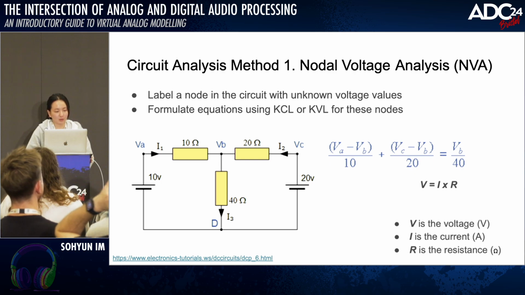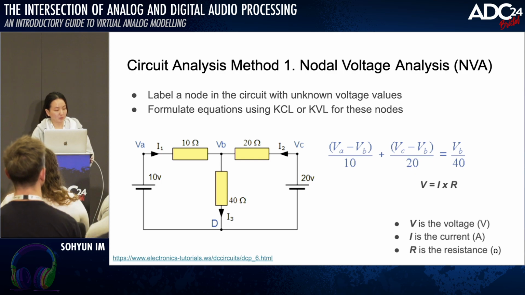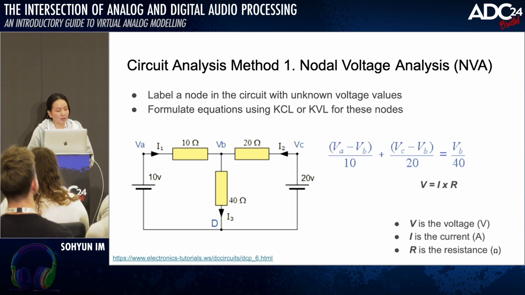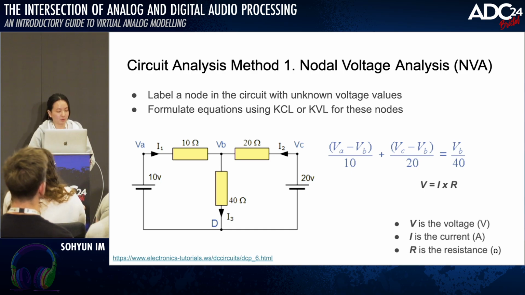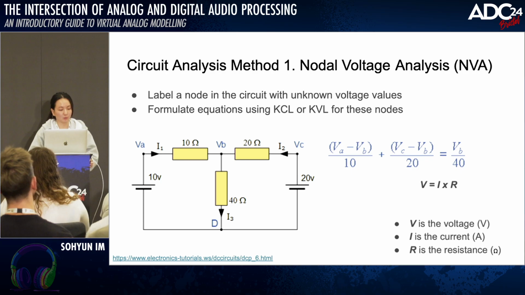The first of all is the nodal voltage analysis method. You can label a node in the circuit. You can see it in this figure, like VA, VB, VC. These are all labeled nodes, with an unknown voltage value. You don't know what the voltage is at these nodes.